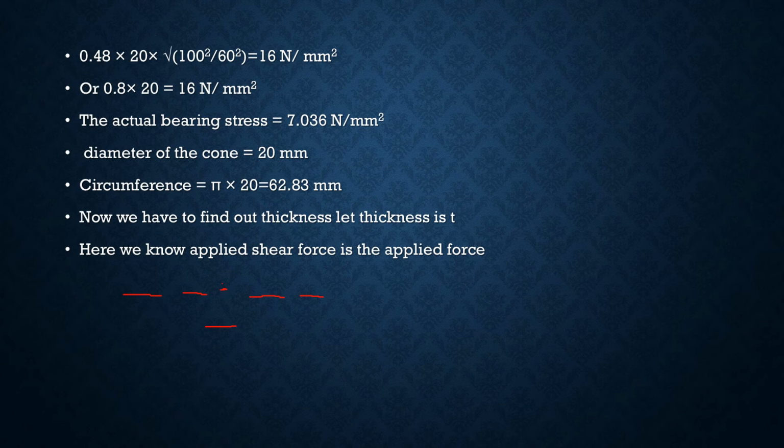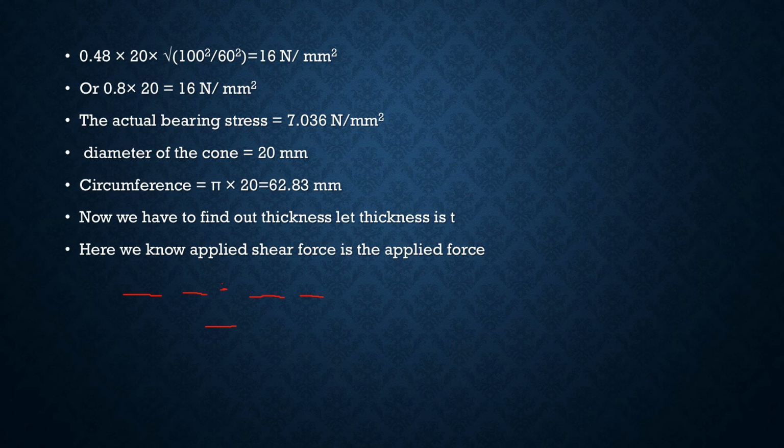If we multiply the shear stress in the steel with the circumference area, we will get the value of applied force, which is actually equal to the applied force we found, that is 70.36 into 10 to the power 3 newton.